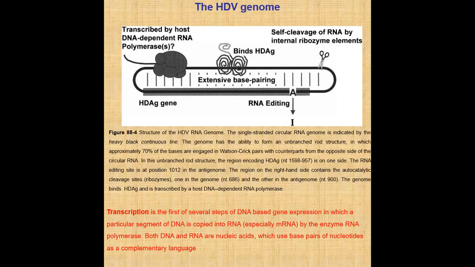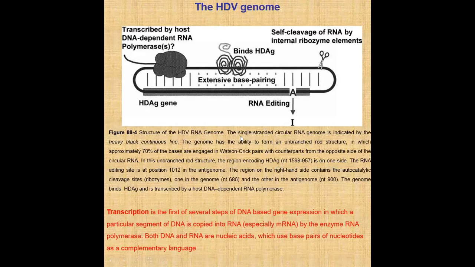The genome has the ability to form an unbranched rod structure in which approximately 70% of the bases are engaged in Watson-Crick base pairs, and it compartments from the opposite side of the circular RNA. In this unbranched rod structure, the region encoding the hepatitis D antigens is on one side.